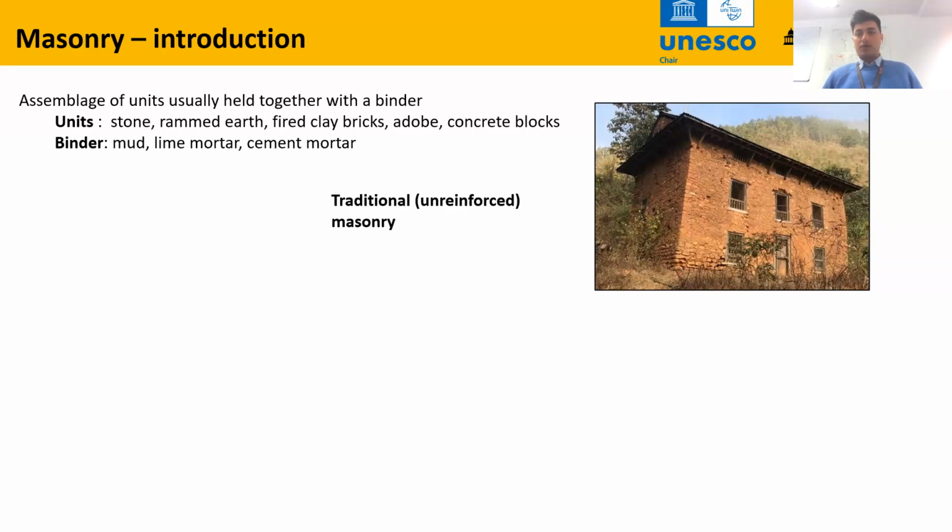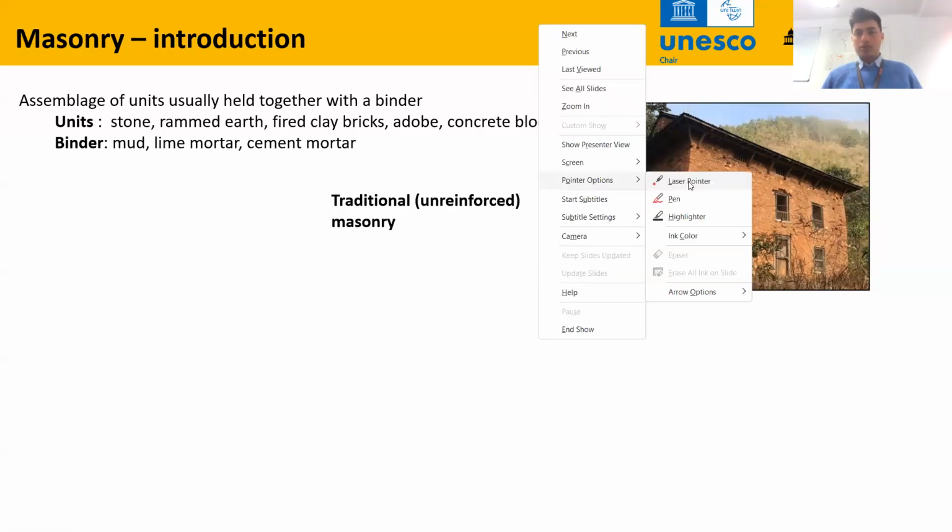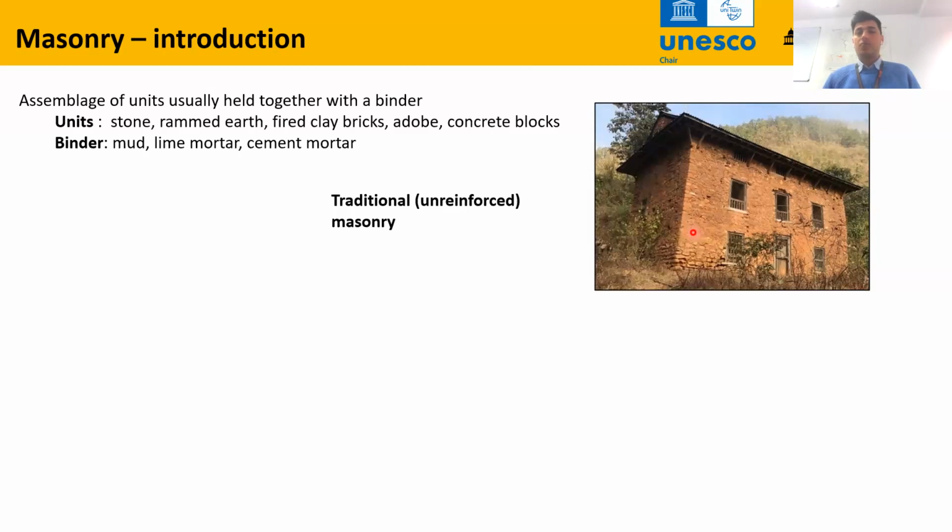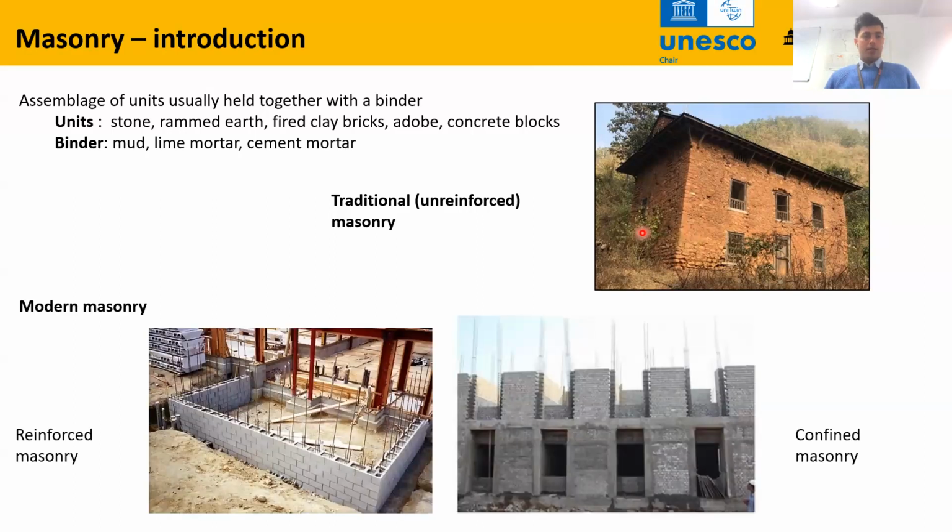This photograph here shows typical masonry buildings from Nepal or the Himalayan belt, which is rubble stone in mud mortar masonry. So that is traditional or unreinforced masonry. In contrast, we have modern masonry constructions, for example reinforced concrete, reinforced masonry, or confined masonry. But in this presentation, in this course, we will focus mainly on unreinforced masonry.